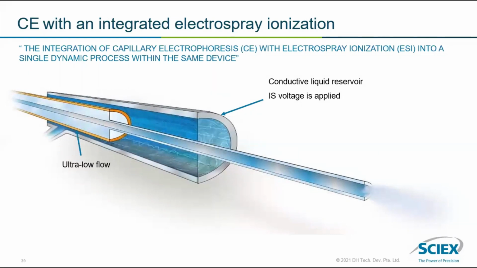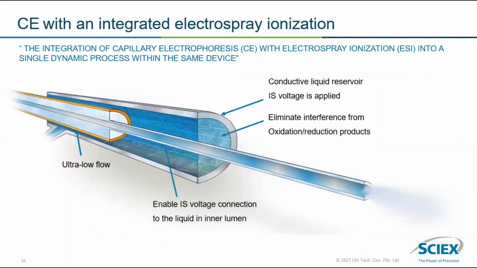So when you inject the sample inside the separation capillary, we apply the voltage at both ends of the capillary, and then your Optimus cartridge will deliver the ions, and these ions will go inside the mass spectrometer for the detection.